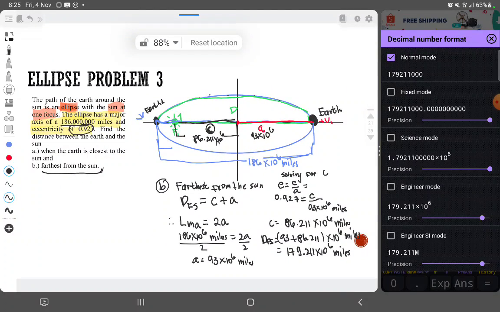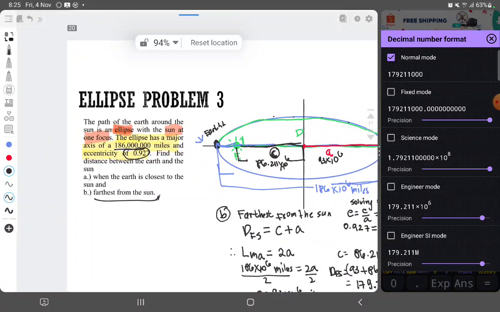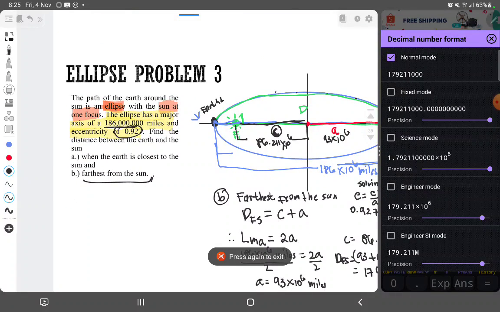Now, what would be our letter A? When the Earth is closest to the Sun, we can use our major axis.